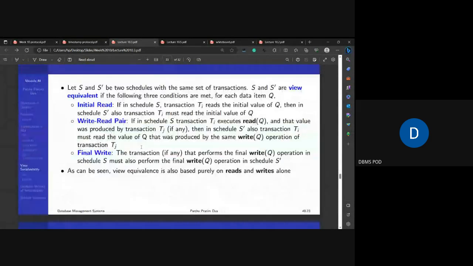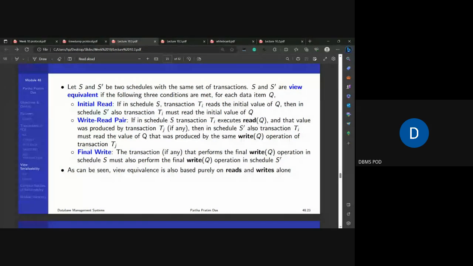So how many of you understand conflict serializability? Okay. Our goal is to find out whether a schedule is serializable or not, because a serial schedule is consistent.